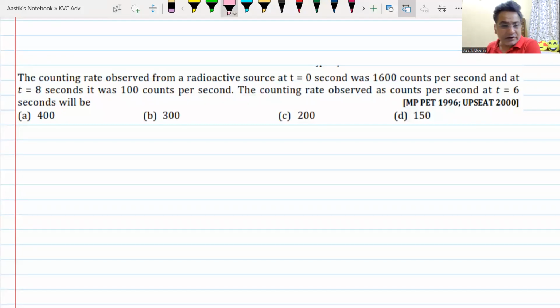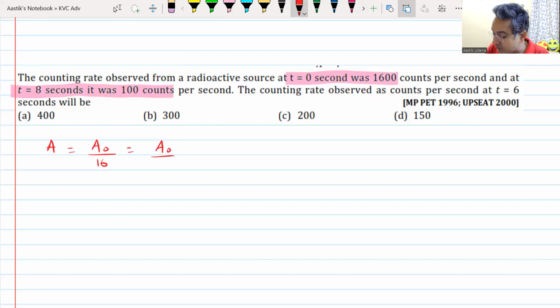Now, counting rate, you can call it as activity. At time t is equal to 0, it was 1600. At time t is equal to 8 seconds, it becomes 100. As you can see, it becomes 1 by 16 times. So, activity becomes A naught by 16. That will be A naught divided by 2 raised to the power of 4.